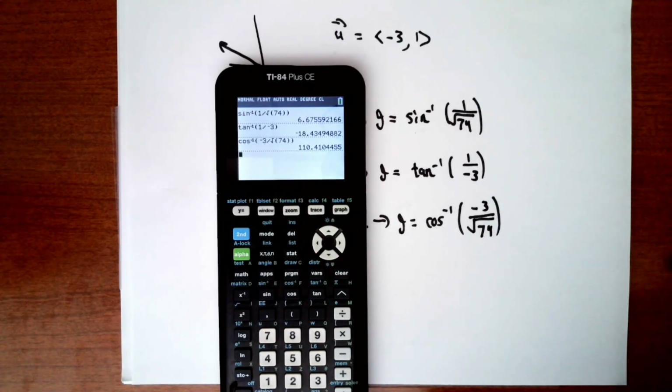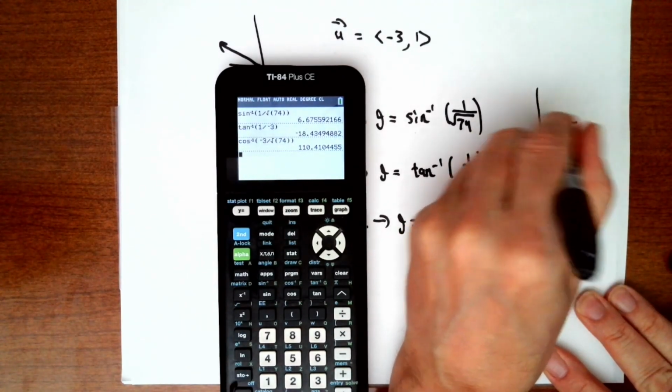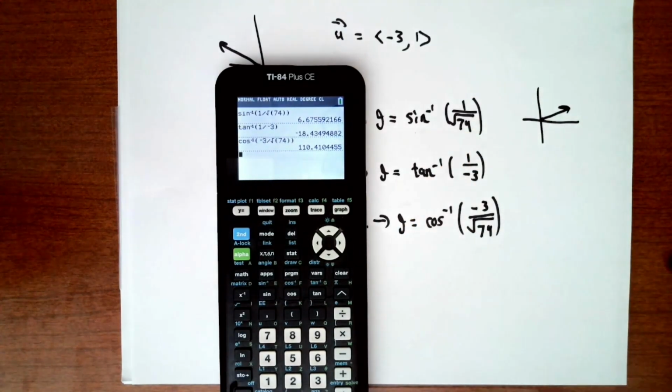The first one, incorrectly using the inverse sine, says that the angle is about 6.6 degrees, which is completely wrong because an angle of 6.6 degrees points off into the first quadrant.